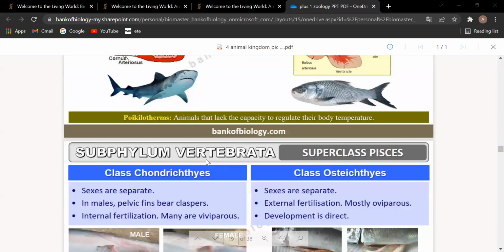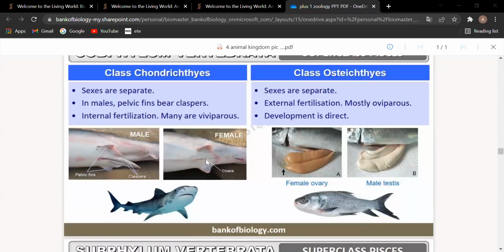Sexes are separate. This is important: in Chondrichthyes males, pelvic fins bear claspers. These claspers will help the male to hold the female during copulation. So this is a special feature seen in Chondrichthyes. Osteichthyes will not have anything like this.